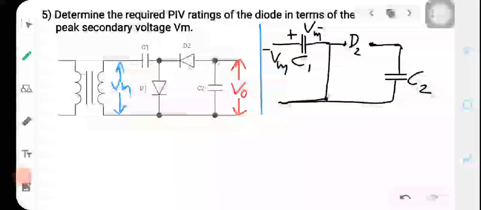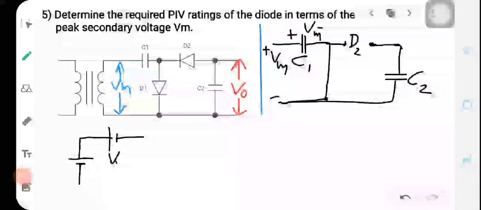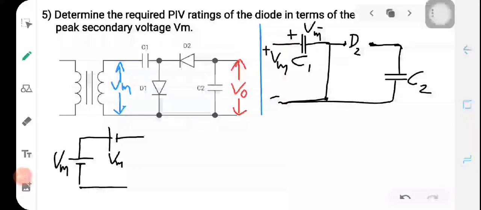Here it is again positive, here it is again negative. So this is the state. So I am redrawing this, replacing Vm by a DC source just for convenience, and the capacitor C1 is charged to the maximum value, so it also has a voltage Vm, here also Vm.